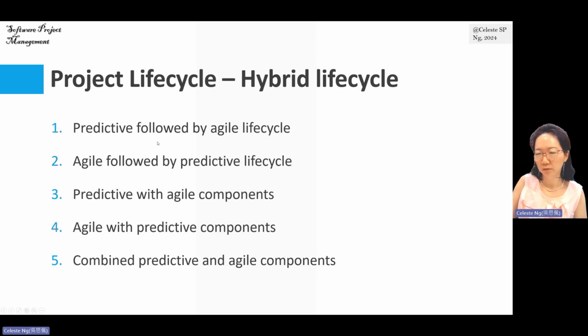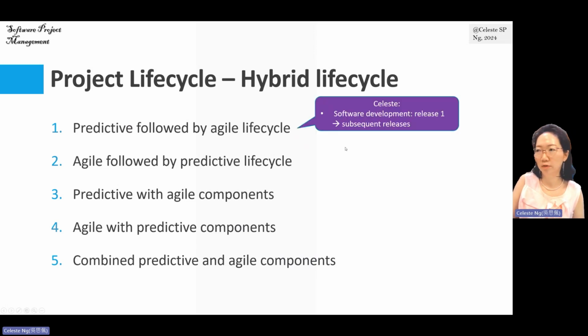The first one, predictive followed by agile lifecycle. For example, in my software development, all right, I might start off my release one based on predictive project lifecycle, which is plan driven.